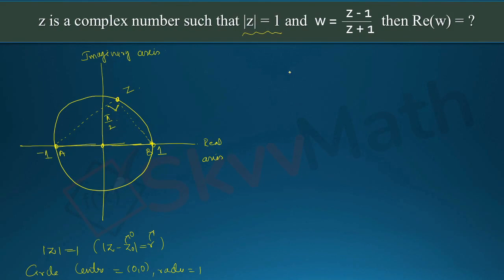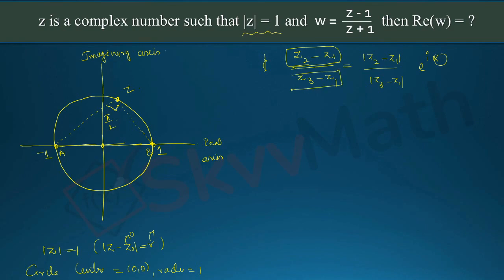So if you use this rotation theorem or Coni method, what it says is that (z2 - z1)/(z3 - z1) can be written as |z2 - z1| divided by |z3 - z1| times e to the power of i alpha. What is alpha? Alpha is the angle between the line joining z1 z2 and the line joining z3 z1.